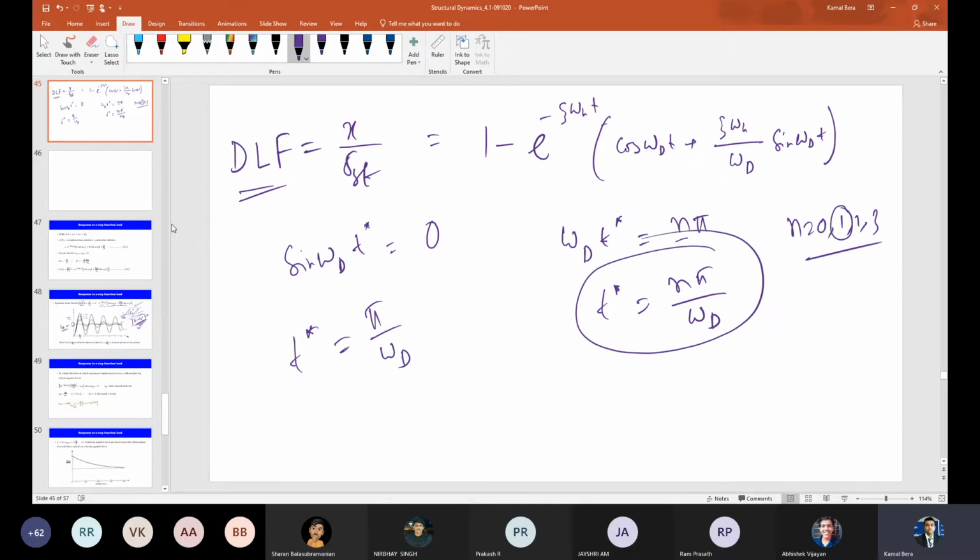Yeah, so now you substitute this and tell me what is the value of x max. x max is equal to x(t) evaluated at t equal to n pi by omega d, so n equals to 1, pi by omega d. So that will be delta st into something, right?